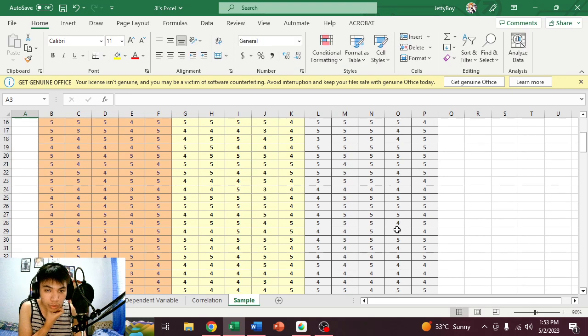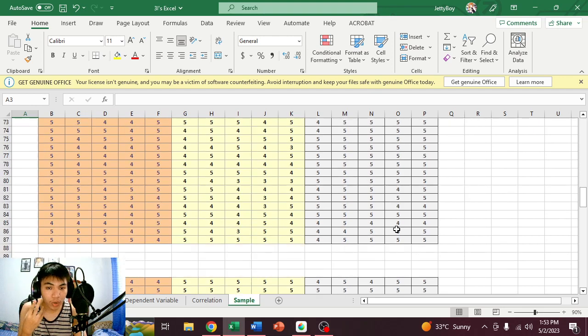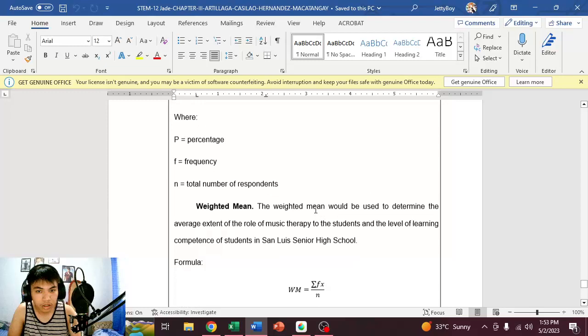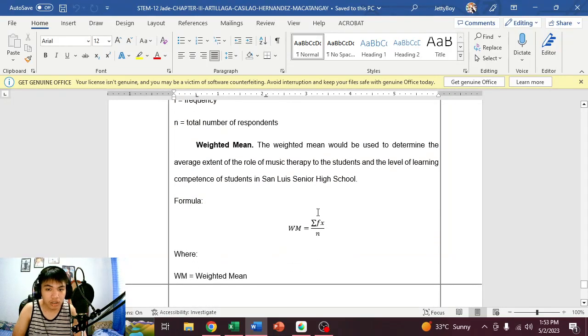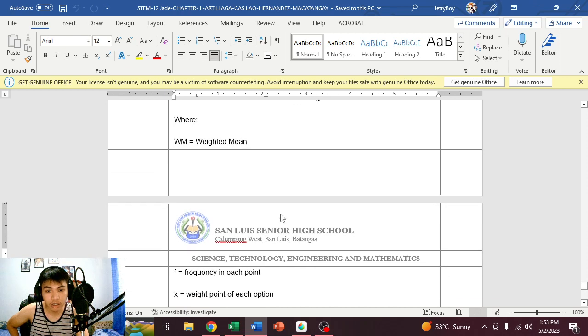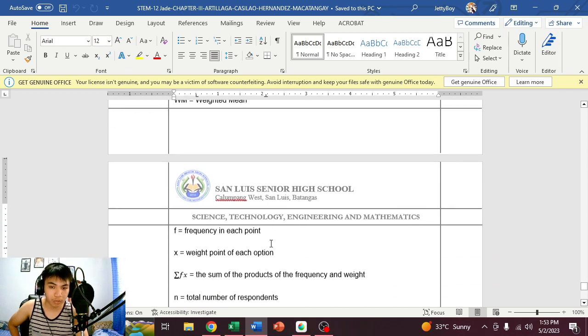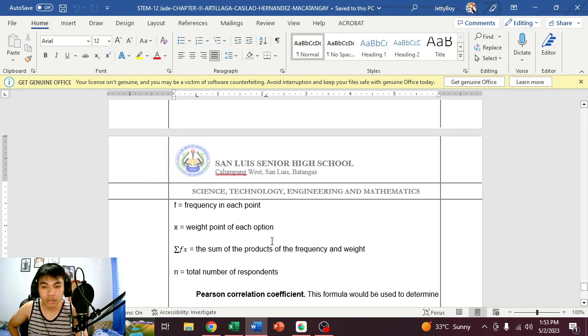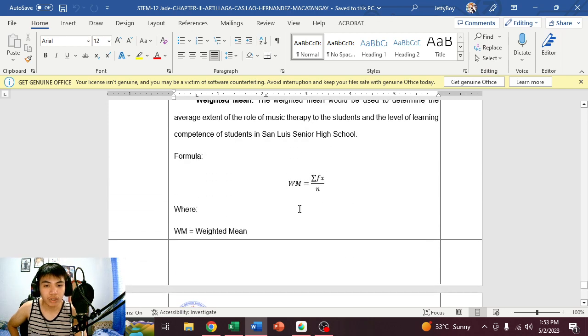Now, what we want to do to measure the weighted mean, as we can see here, the weighted mean is the summation of the frequency multiplied by the weight point of each option. This is the standard thing that we used in practical research too, and other quantitative studies.